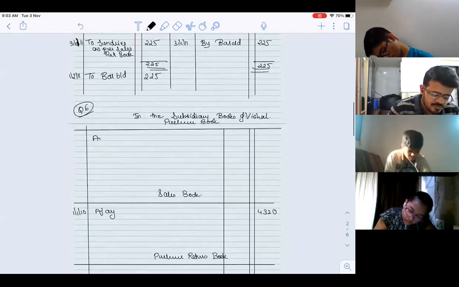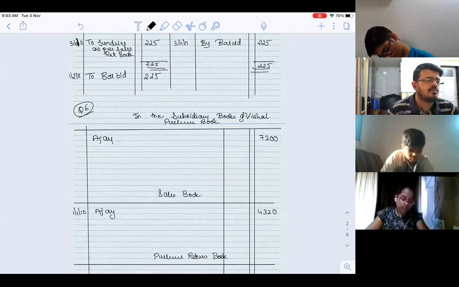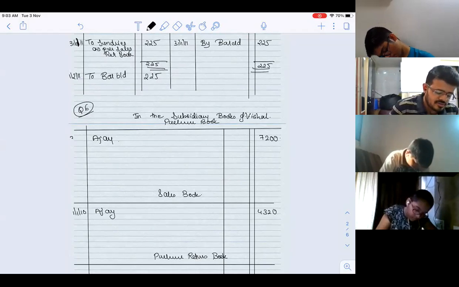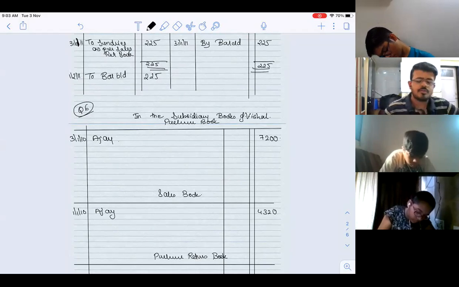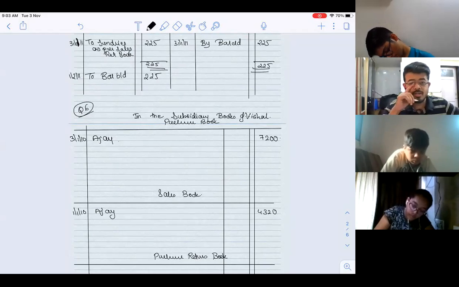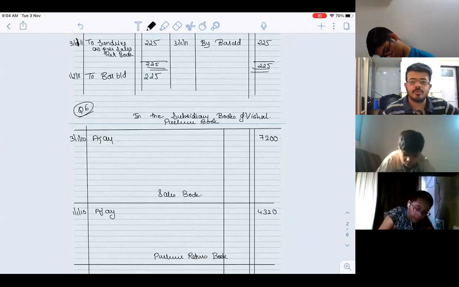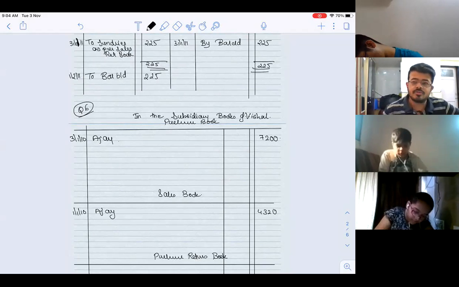So go to purchase book, write down Ajay. Value is 7200. Date is 3rd of January. This is the type NM and Mithibai will ask you, even Podar. So purchase book, you go and you write down Ajay 7200.